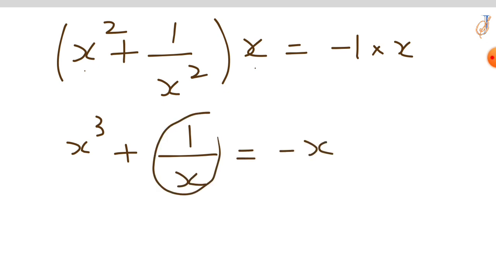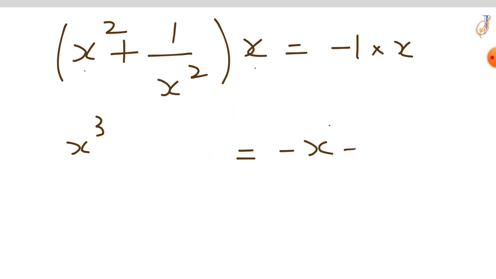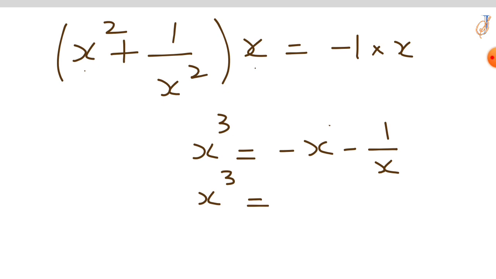If we send this 1 over x to the right hand side, we get minus 1 over x equals x power 3. Here minus and minus, so take minus as common, and we are left with x plus 1 over x.